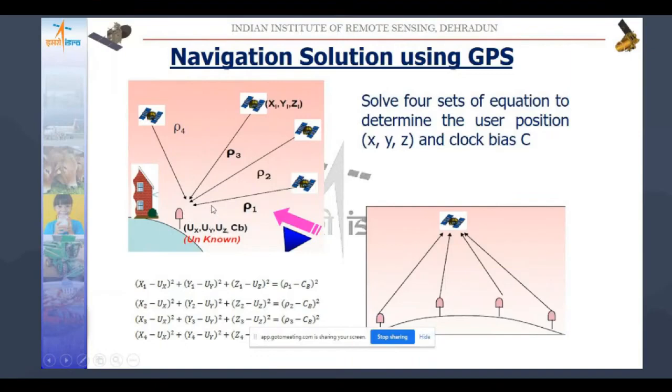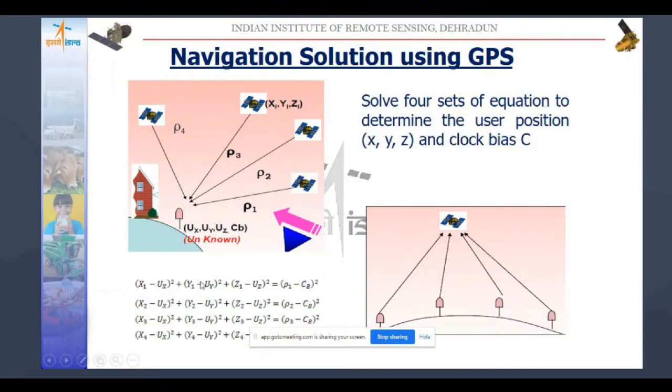When we find the distance between two objects, it is a very simple formula: the square root of (x1 minus x)^2 plus (y1 minus y)^2 plus (z1 minus z)^2. So the two-point distance we can find using this. X1 is the coordinate of, suppose, satellite 1, and Ux is the coordinate of the receiver.